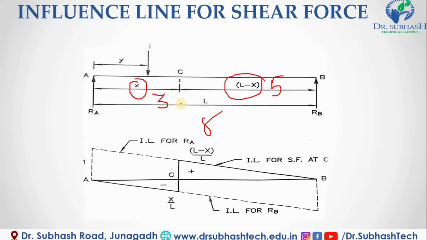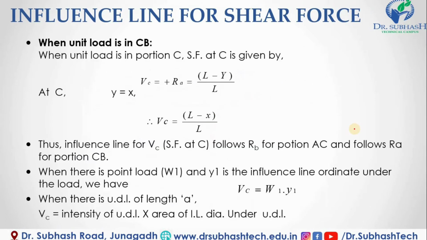So 0 to 3, from A to C, gets the negative value, and the remaining 5 meters gets the positive value on the upper side. So we always draw negative values below the line and positive values above the line. That should be our common convention throughout influence line analysis.